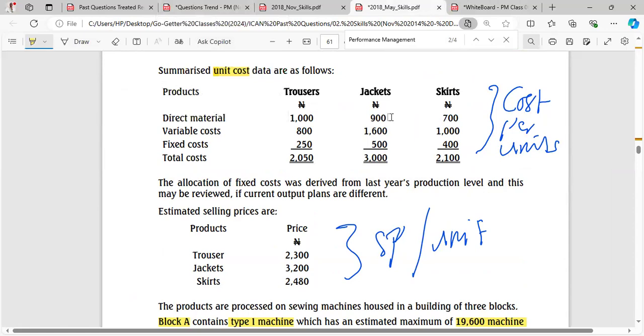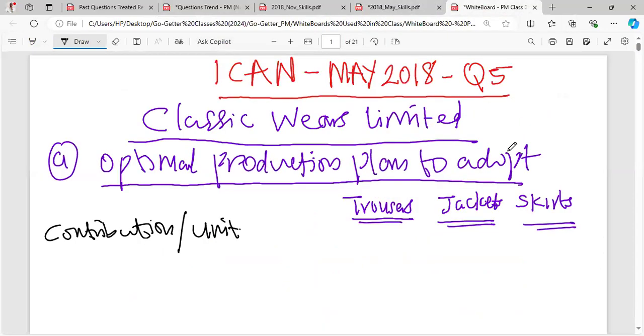Okay? So I will say selling price minus variable cost.